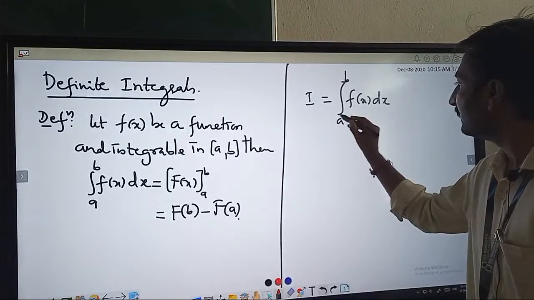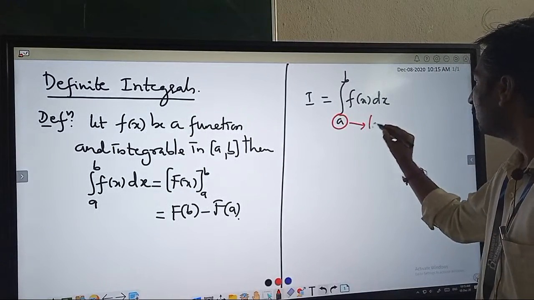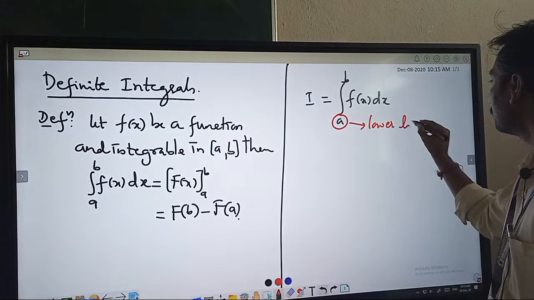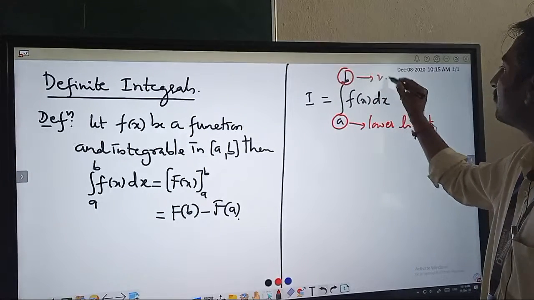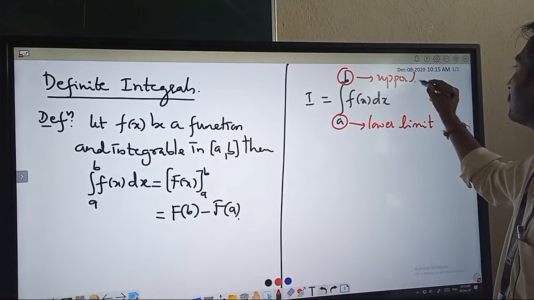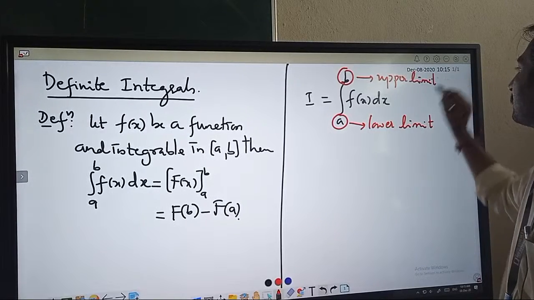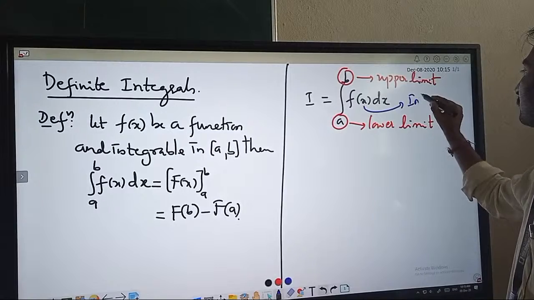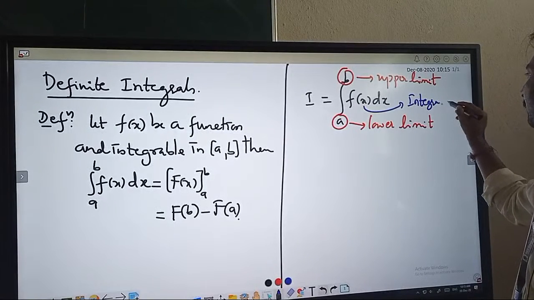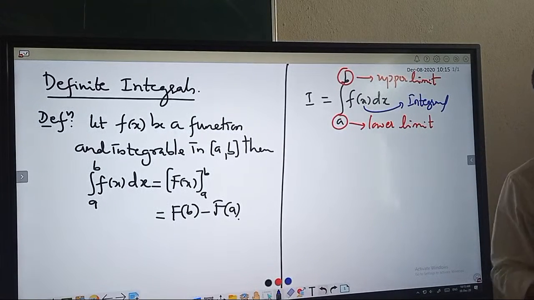This is what we call the lower limit. This is what we call the upper limit, correct? And this one is what we call the integrand.